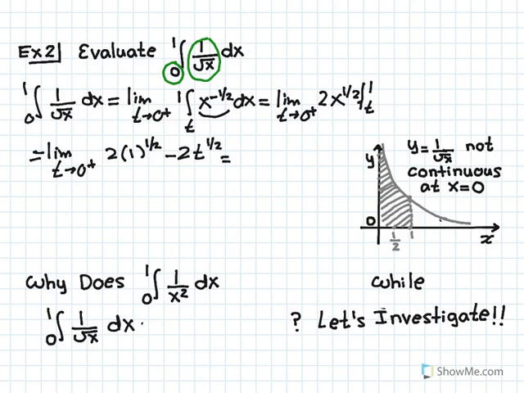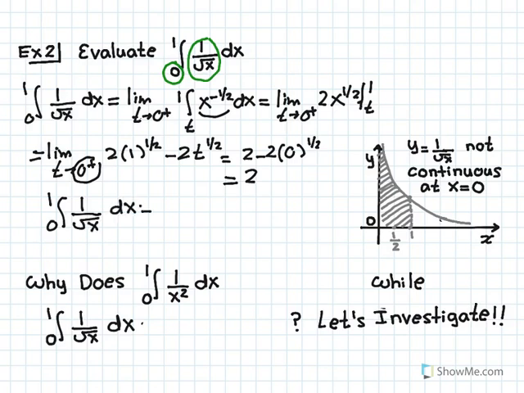And that's going to give us 2 minus 2 times 0 to the 1/2, because as t approaches 0, we're just plugging in 0. The answer is 2. So the integral from 0 to 1, 1 over root x dx is equal to 2. Converges.